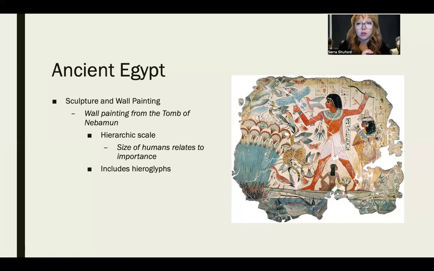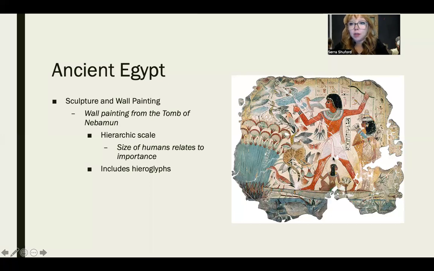I wanted to include this one because it is an example of hierarchical scale. Sometimes we have a hard time understanding the difference between proportion and scale, and this is a great example to show how they are different. Everything is in proportion with these figures here, but to indicate the importance of the people in them, they are either larger or smaller compared to each other, i.e., comparing one thing to another rather than comparing one thing to a whole.